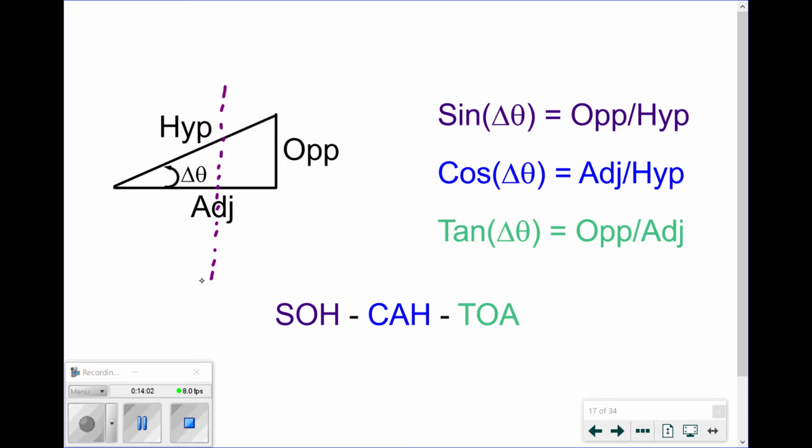The side that is touching the angle, that is smaller than the hypotenuse, is called adjacent. Adjacent just means next to, so it's always the one that's next to the angle. And then the longest side is always the hypotenuse. And yes, the hypotenuse is always adjacent as well. So it's kind of a weird naming thing that they came up with.